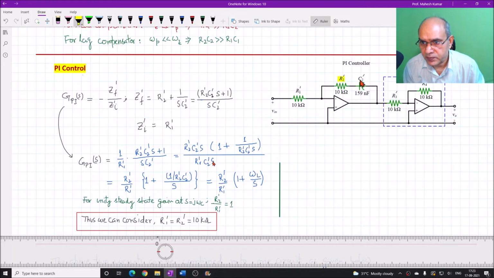And then there is a voltage follower stage which gives the gain of minus R4 dash by R3 dash, which is equal to minus 1. So this minus 1 is multiplied with this stage gain, which is the inverting mode operation of the op-amp, and this negative becomes positive.